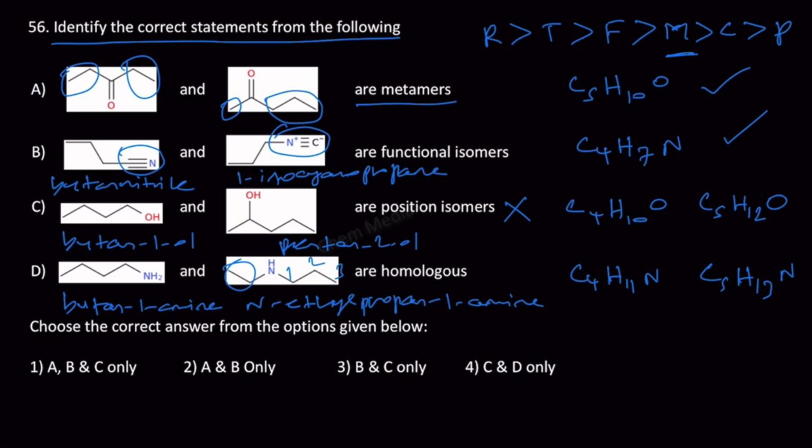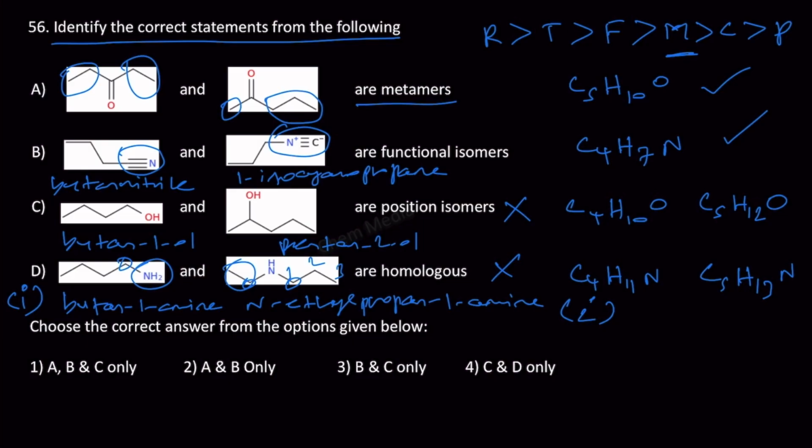In this case, the functional groups are not the same. In butane 1-amine, the functional group is a primary amine. The NH2 is directly attached to only one carbon, whereas N-ethyl propane 1-amine is a secondary amine, and therefore we can't say that they are homologous. Here the NH is attached to 2 different carbons, so therefore it is a secondary amine. Therefore D is also wrong.